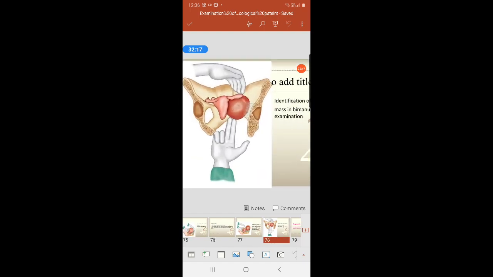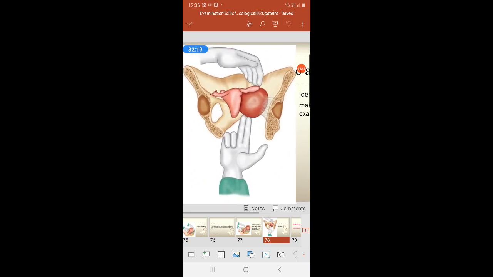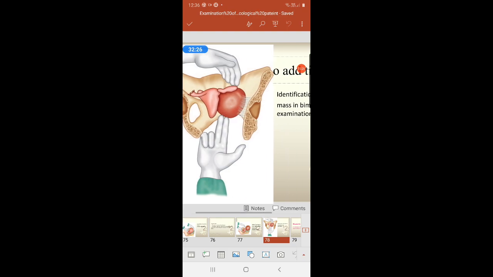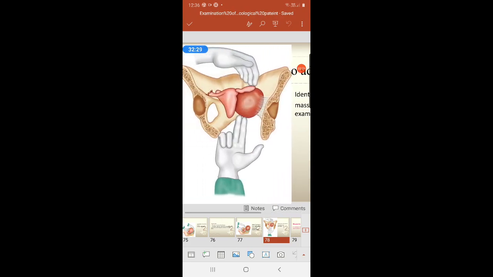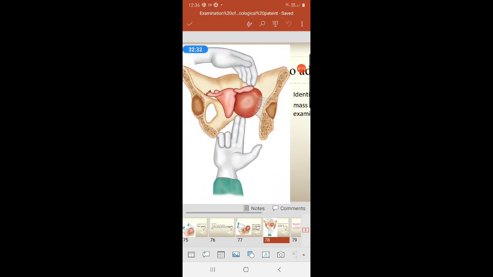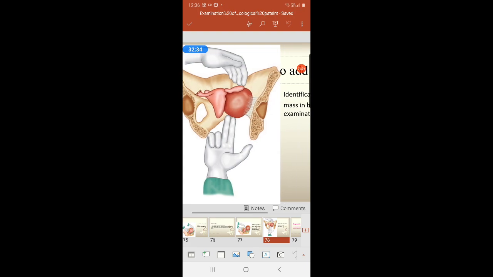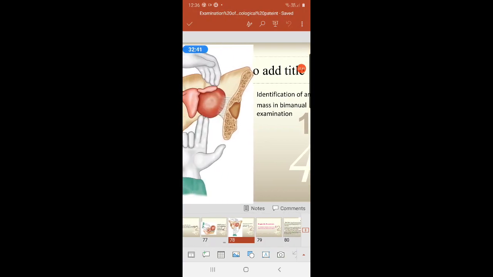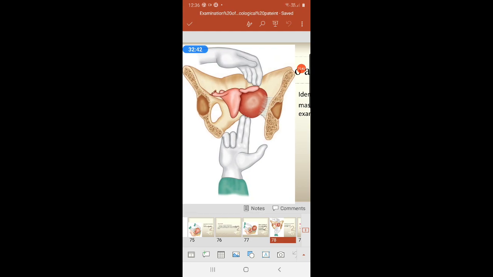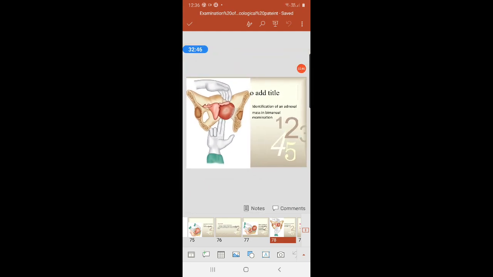You can see here how from the sides, through the lateral fornices, two fingers are inserted inside, and we are trying to feel the mass in the adnexa, and from the abdominal hand we are giving a slight downward pressure, and in between these two hands we can feel if there is any adnexal mass present. Okay, so this completes the gynecological examination. Thank you.